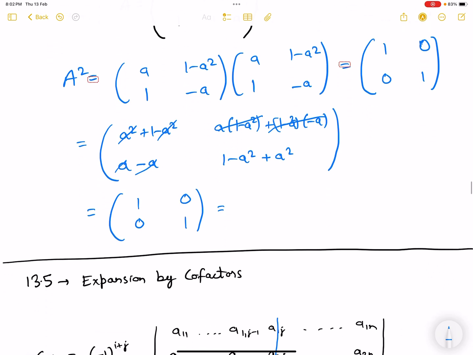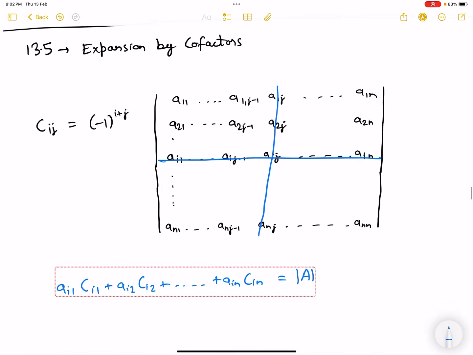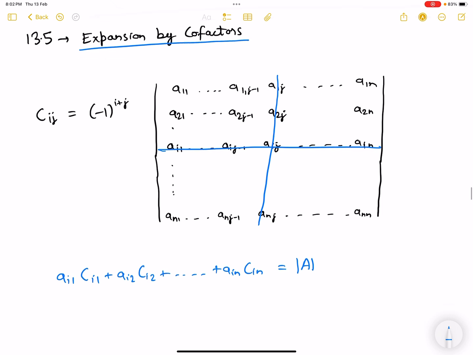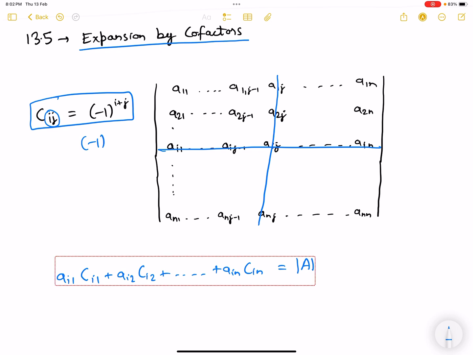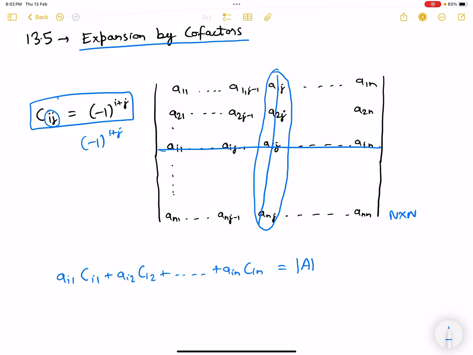Okay. Now moving forward, finding the determinant using cofactors. So this cofactors you have already studied. So I'll just do a simple question that would be sufficient. So the Cij, the cofactor for ith row and jth column, is -1 to the power i plus j times, now this is the n cross n matrix, so we'll remove the jth column and the ith row, and then we'll find the determinant of the remaining elements.